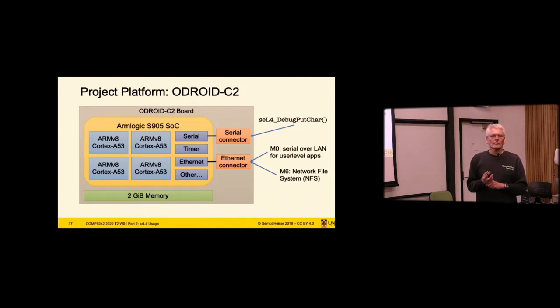You have a timer. Obviously, the kernel consumes some timer for itself to be able to provide preemption. And you will write a simple driver for one of the timers. And then you have an Ethernet, which you don't have to deal with directly. We give you already a driver for the Ethernet to make your life easy. And then there's other stuff, and it's got 2 gigs of memory. Any questions?